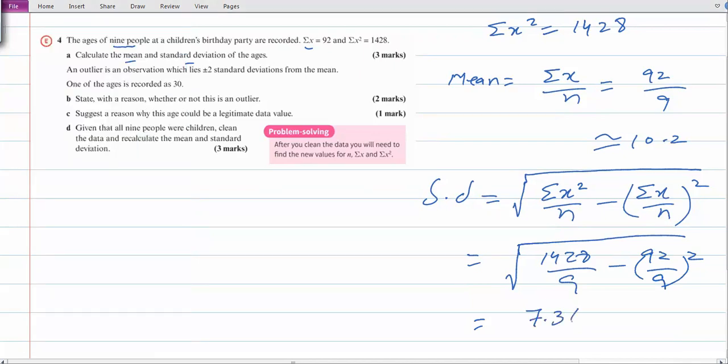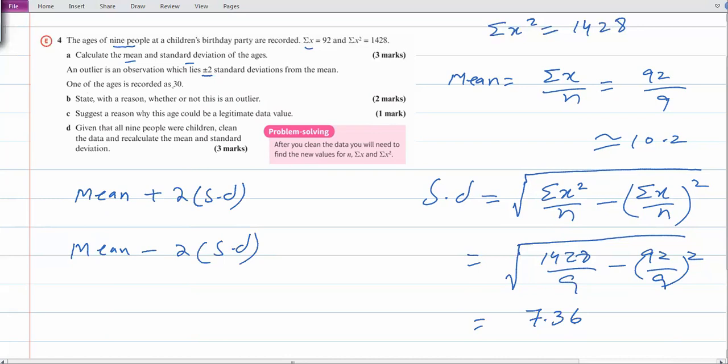So you can say 7.36 is the standard deviation. Then the question says an outlier is an observation which lies plus or minus 2 standard deviations from the mean. An outlier will be either the mean plus 2 times the standard deviation, or the mean minus 2 times the standard deviation.